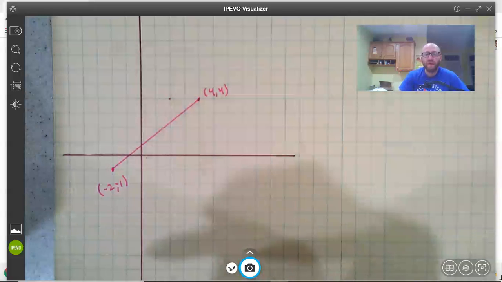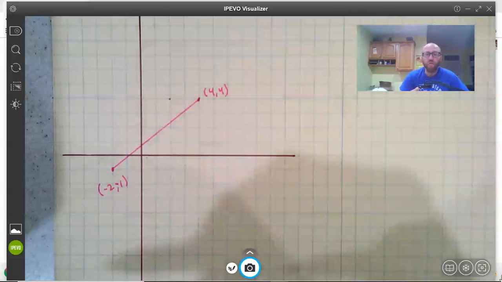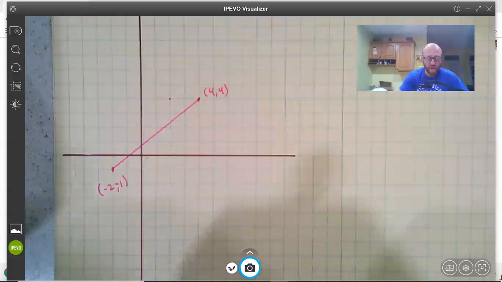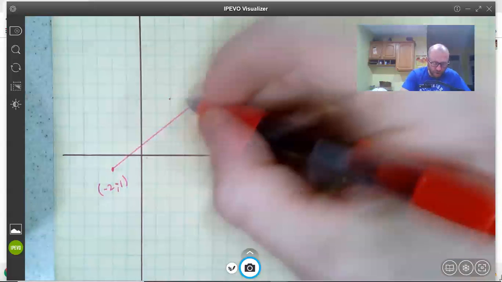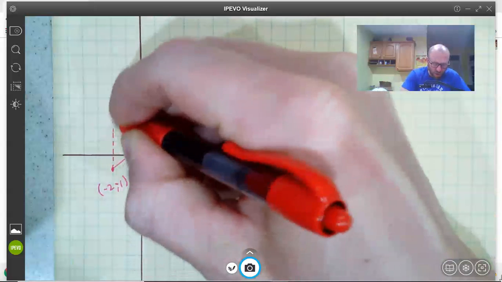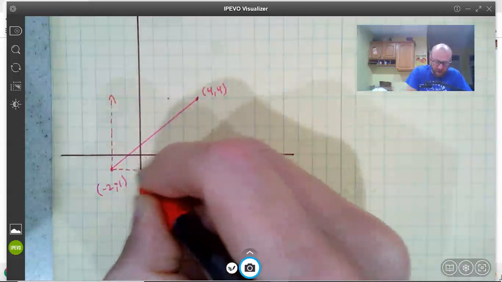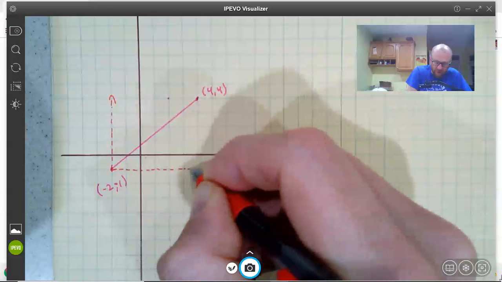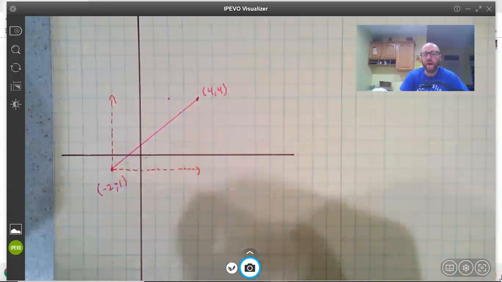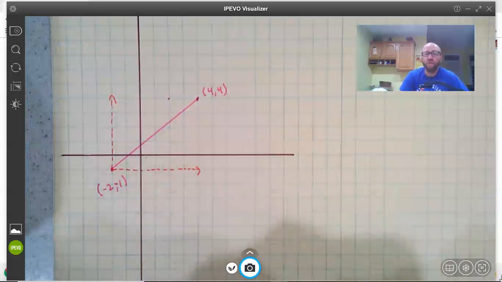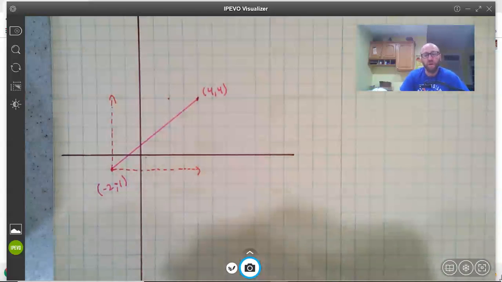We can break our trip down into those 2 components to simplify this calculation. Keep in mind when I draw these arrows, we're not actually traveling along these paths. I'm just using the arrows to measure how far the x and y components are.